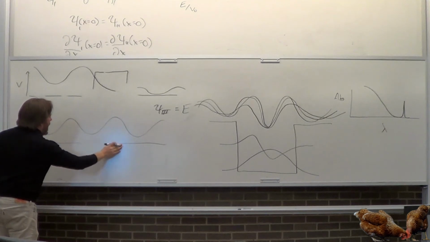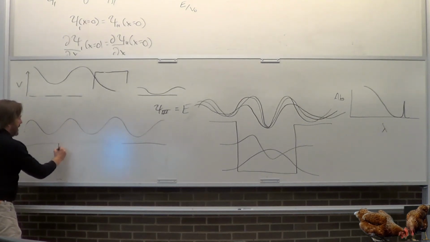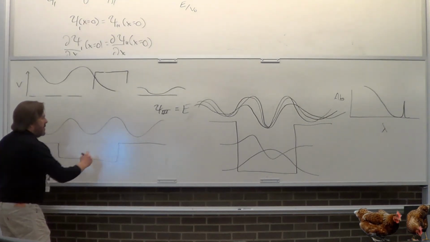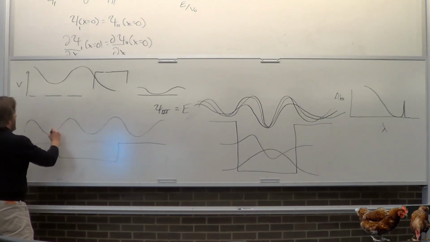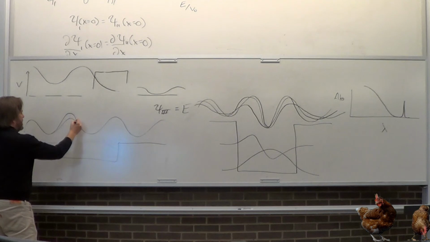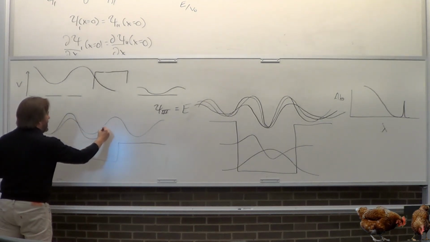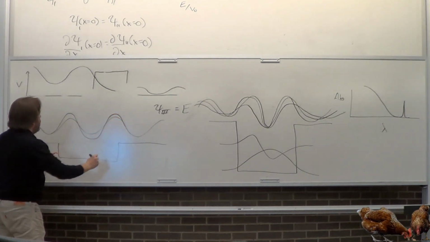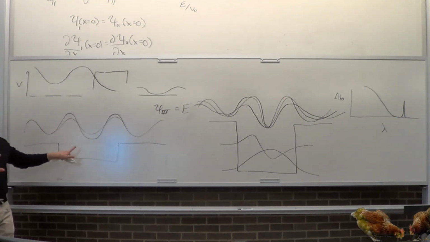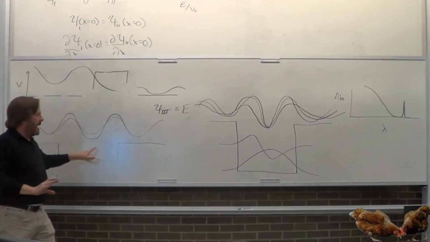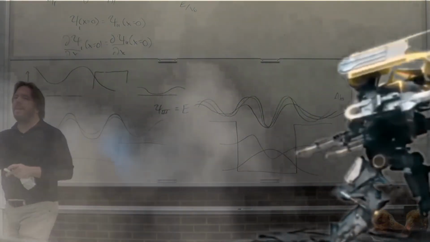Now imagine that I put a really shallow dip in it. What's the difference? You would just build some amplitude, that's all you would do, because it wants to be near the dip, but it's not really that different. And that's kind of what I'm drawing right here.